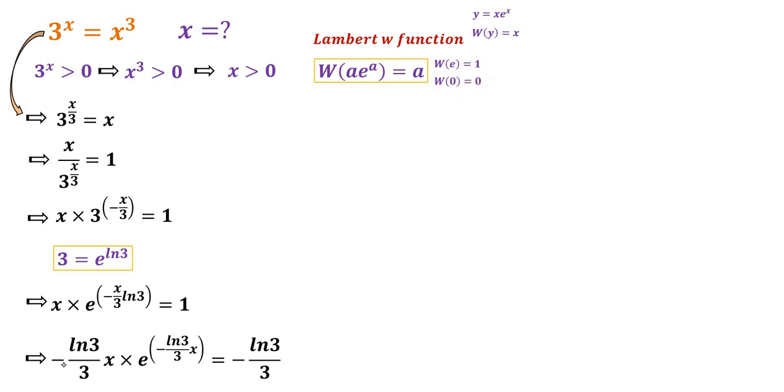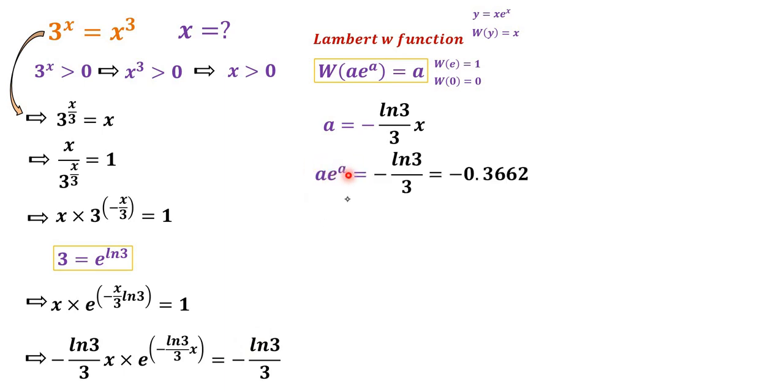So in our case, look at this equation, a times e to the power of a, so a is equal to this part, negative ln 3 over 3 times x, and a times e to the power of a is equal to this value.